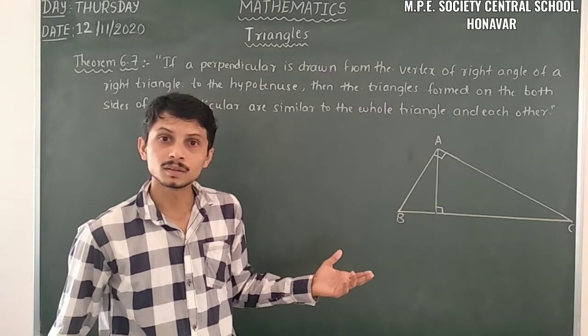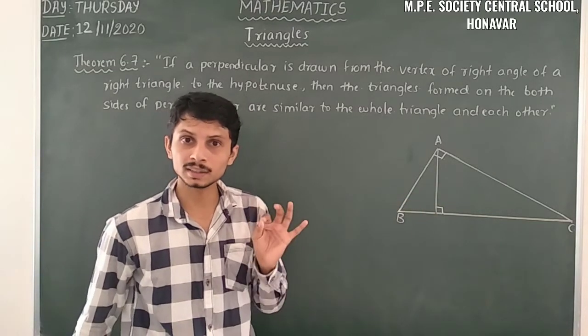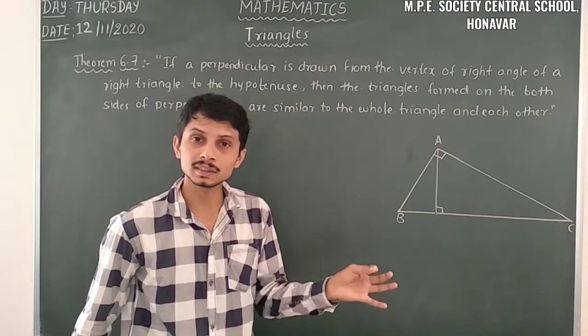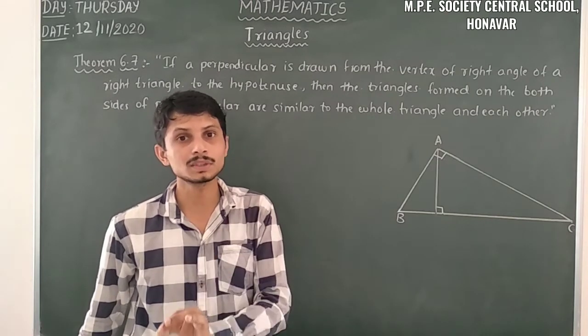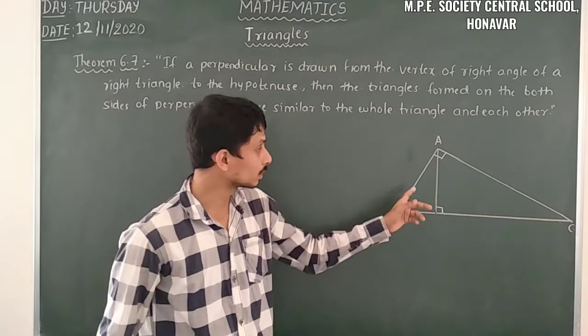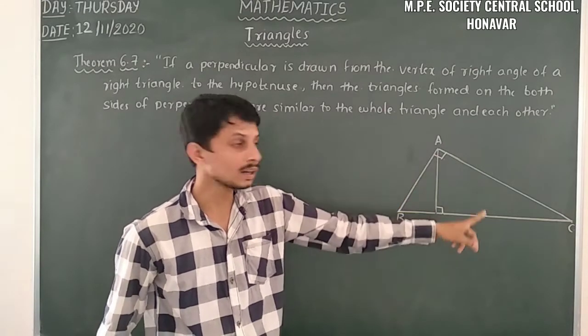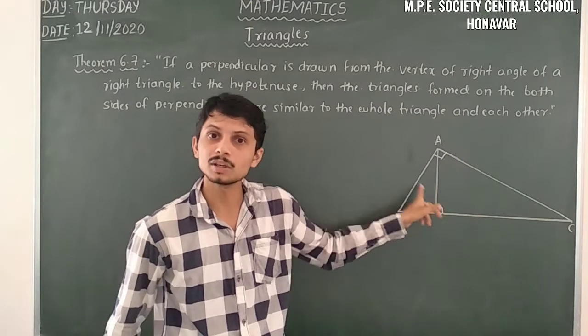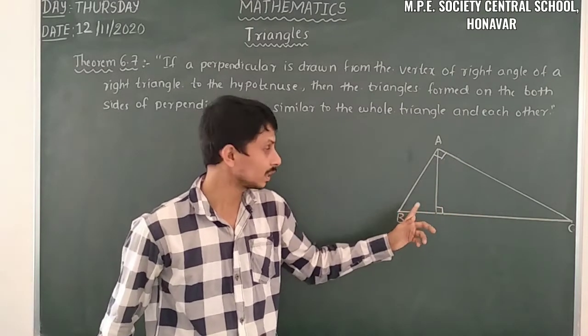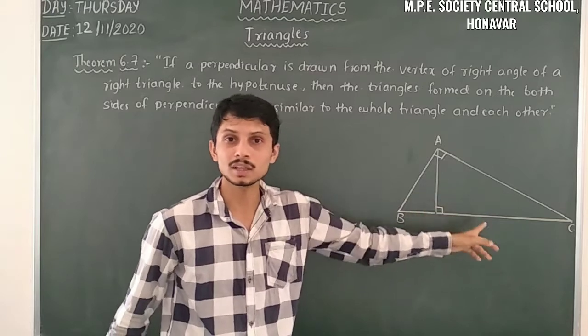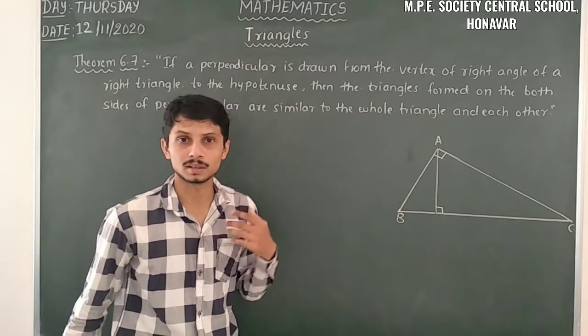After that we have one axiom, that is, things which are equal to the same thing are equal to one another. So these two triangles are also similar.